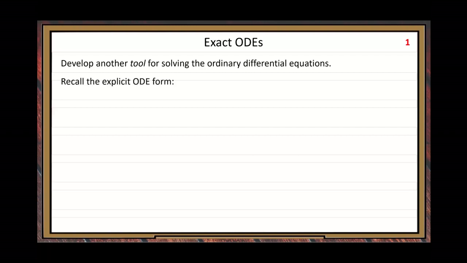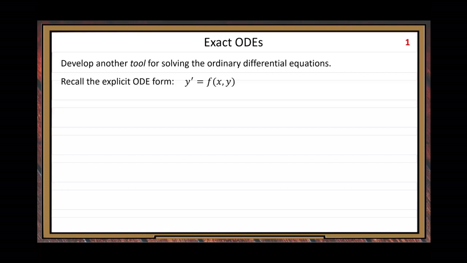Recall the explicit ODE form. We start from this form, but this form is still too general, which means it could be very hard to solve. Then we work on some special cases. This time, let us work on another special case.